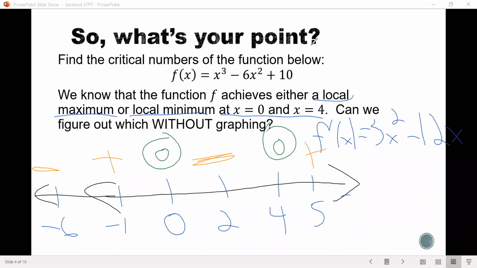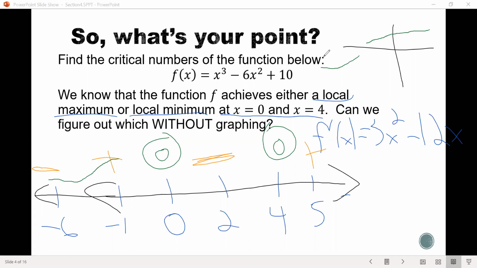And if we have a continuous function that has positive values and then suddenly changes to negative values, think about it on a coordinate axis here, which I drew in the upper right. If I have a function where the output values are positive, positive, positive, and then all of a sudden they become negative down here, but the function is continuous, what has to happen in between there somewhere?